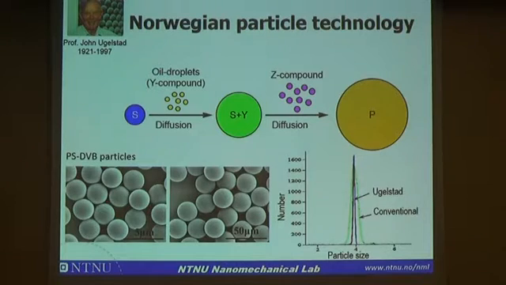Thanks to our former colleague, Professor John Ugelstad, he invented a method to fabricate monodisperse polymer particles. Size ranged from nanometer size up to even millimeter size.